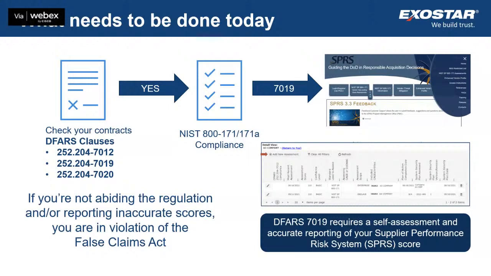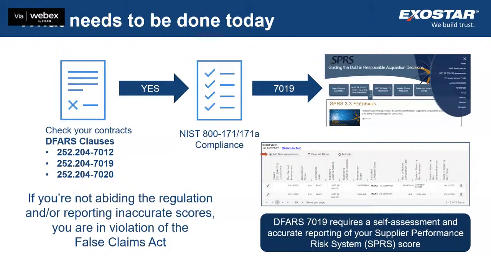If you've got that 7019 clause in your contract, one of the requirements from there is that you do a self-assessment of whether or not you're implementing those 110 controls.